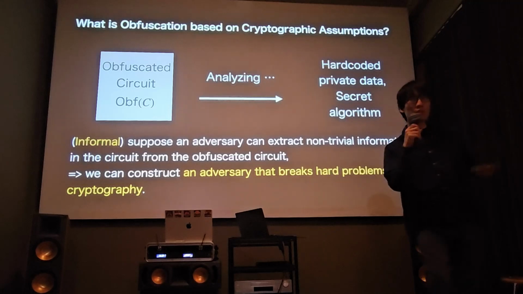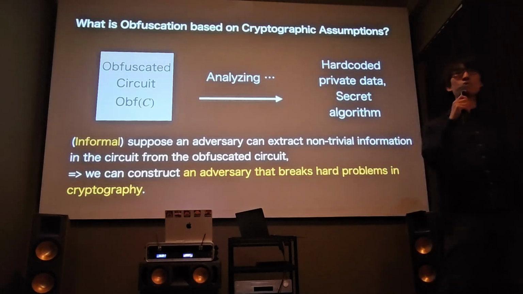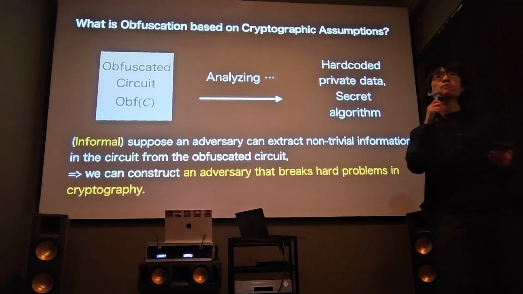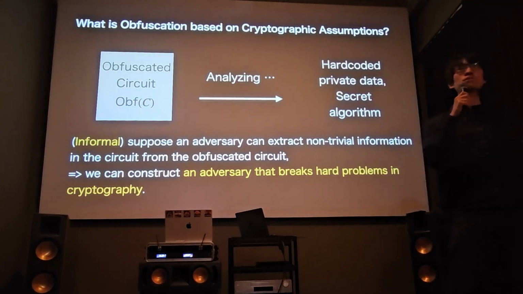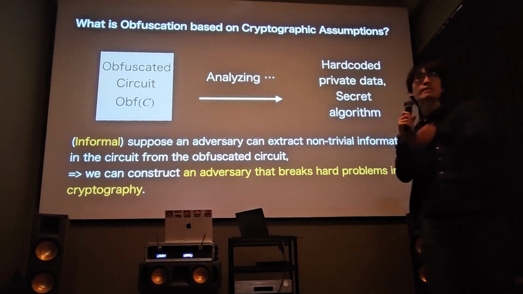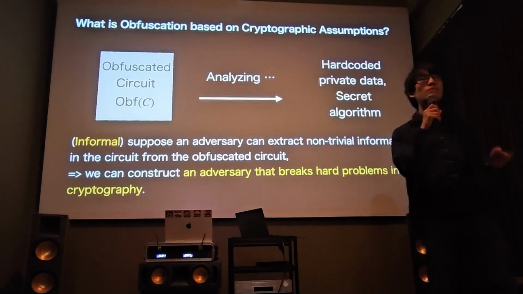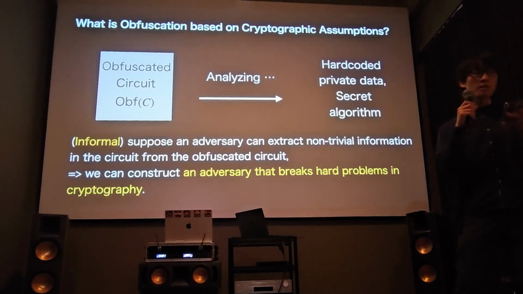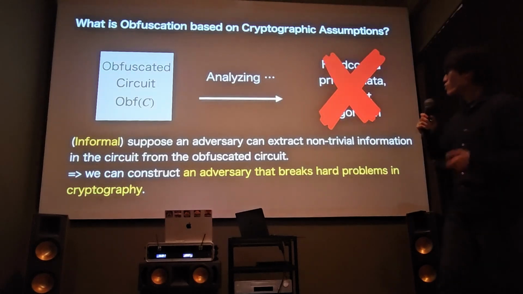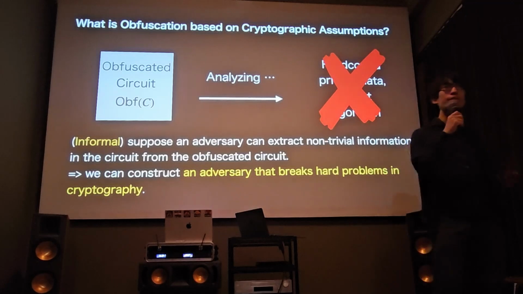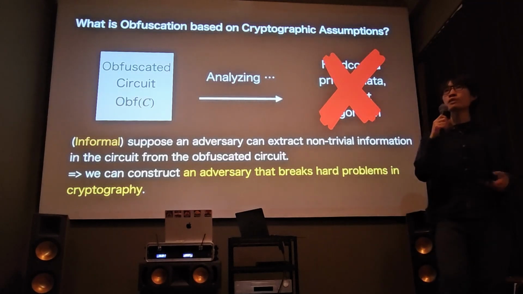So with enough security proof, we can also hard-code something like a Bitcoin private key inside the circuit. This strong security definition is a feature of cryptographic obfuscation. Then, formally, which kind of security can we define?